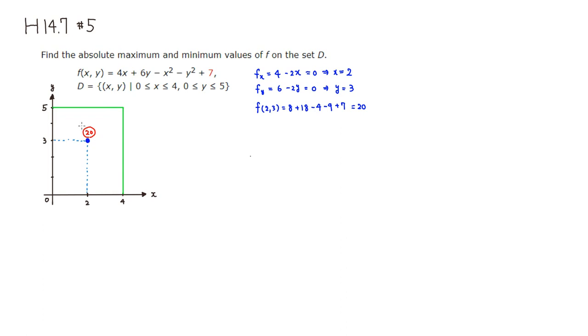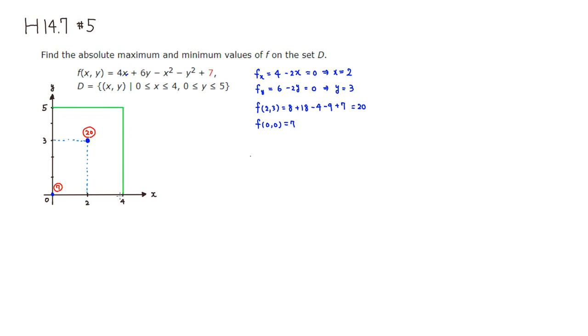Another place you have to look is the boundary. I'm going to do the endpoints first. Let's look at (0, 0). What is f of (0, 0)? It's all 0 except for 7, so at the origin the value is 7.